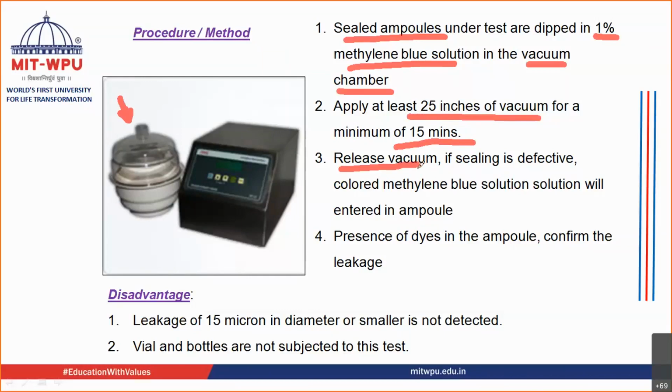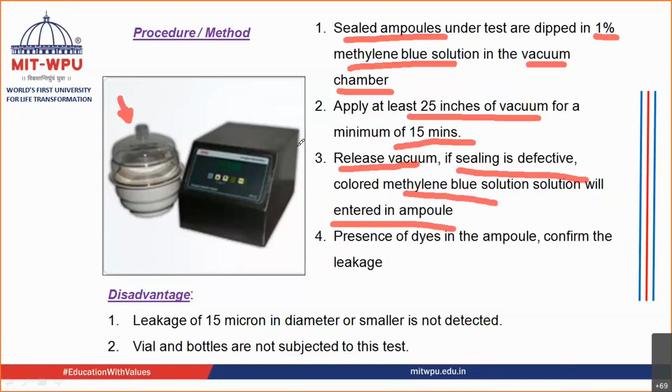Now once you release the vacuum, if there is some ampule which is defective in nature, or it contains any defective sealing, if there is some hole present, then this methylene blue will immediately rush inside the ampule. So as soon as you release the vacuum, if the sealing is defective, then the colored methylene blue solution, which is blue in color, is going to enter the ampule.